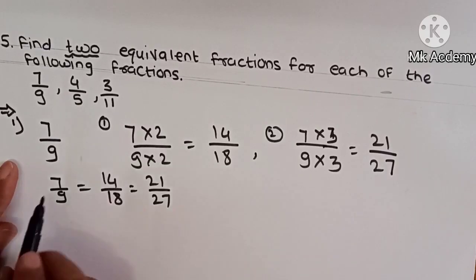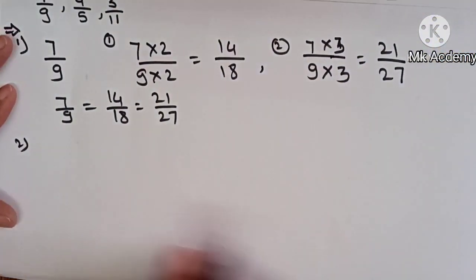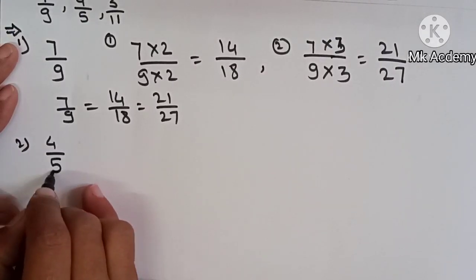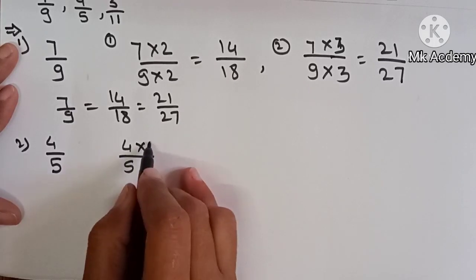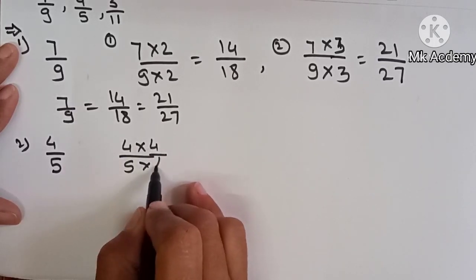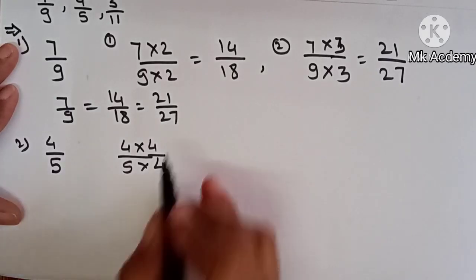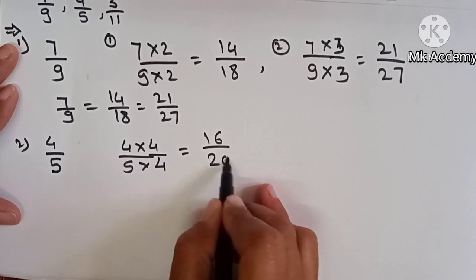Now the next fraction is 4/5. Now 4/5 multiplied by 4. We have to multiply the numerator and denominator by the same number. Then we get an equivalent fraction. 4 4s are 16. 5 4s are 20.